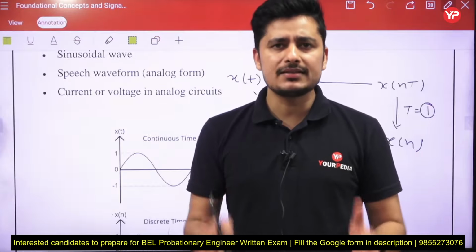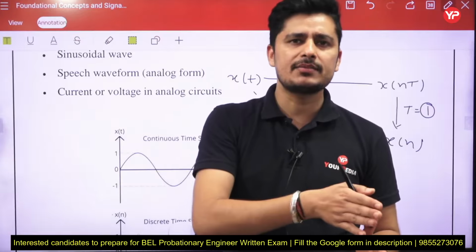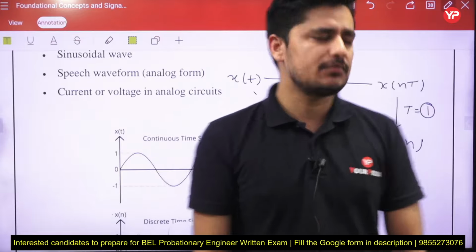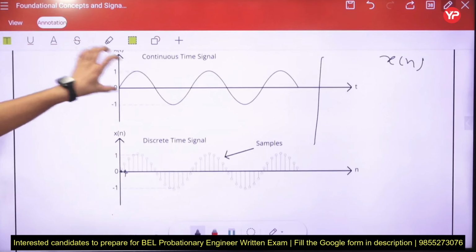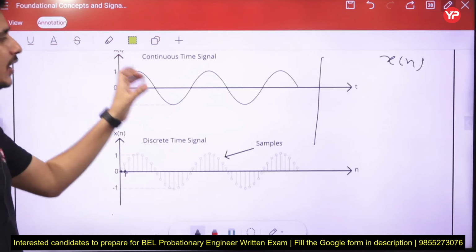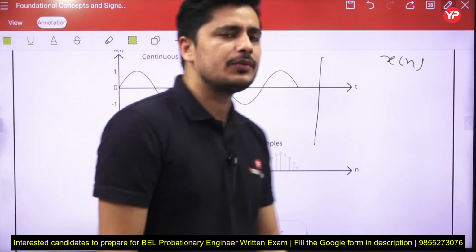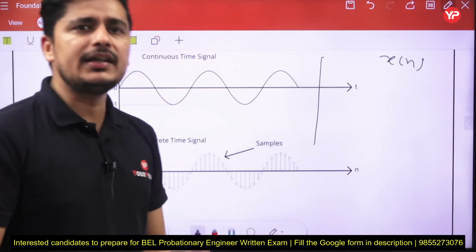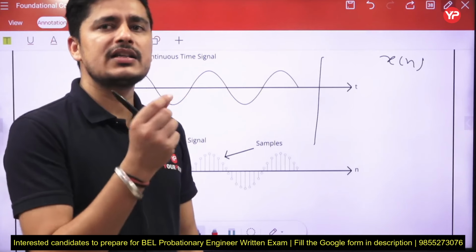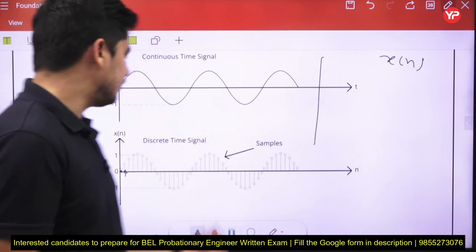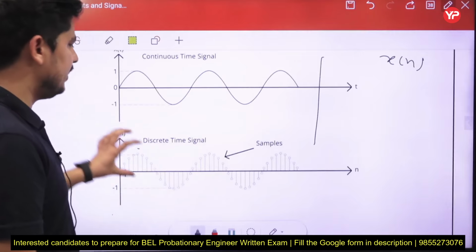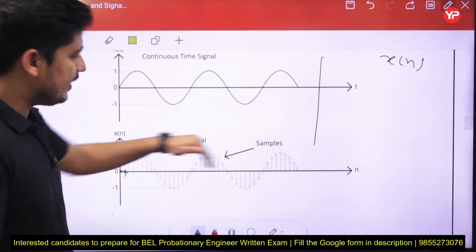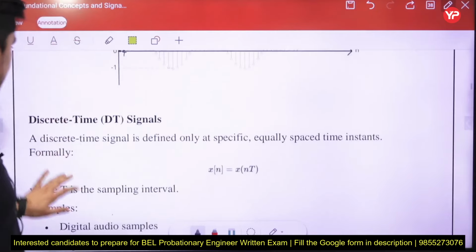Sampling is a process which converts a continuous time signal into a discrete time signal. The continuous time signal takes a value in its domain at every instant of time, but the discrete time signal takes values at specific instants of time, like 0, 1, 2, 3. So we can say the discrete time signal is discretized in time.